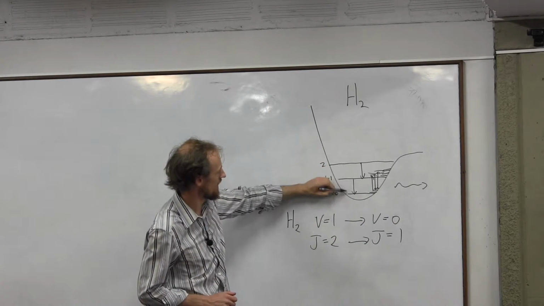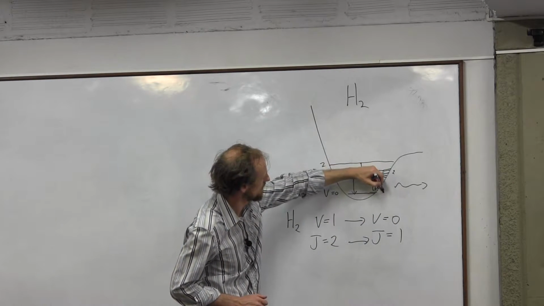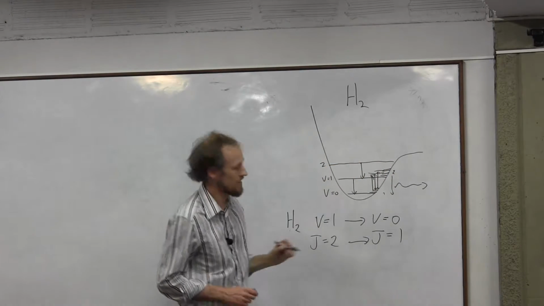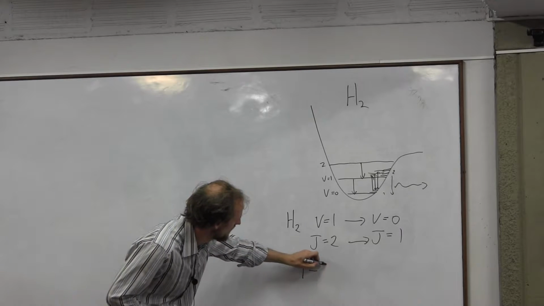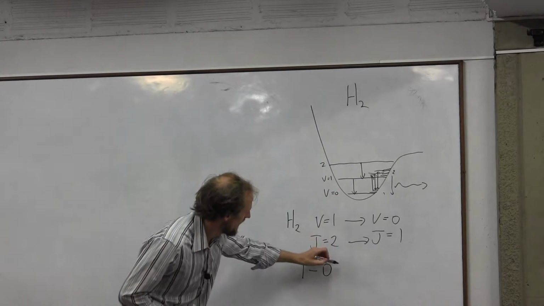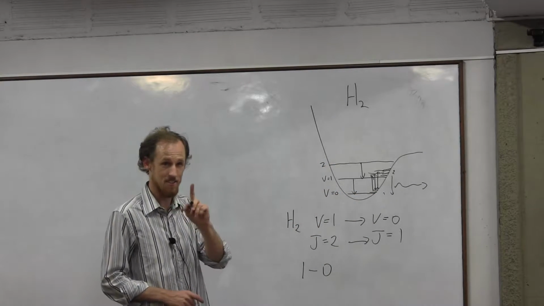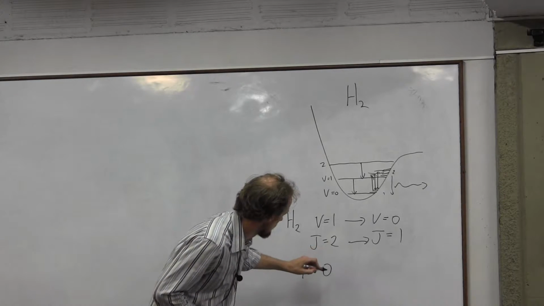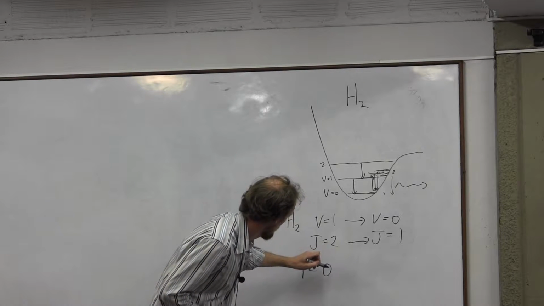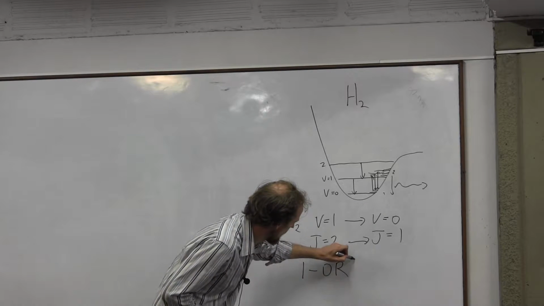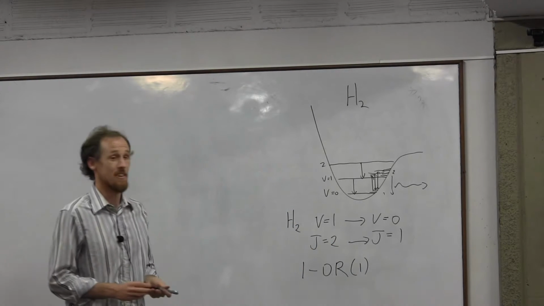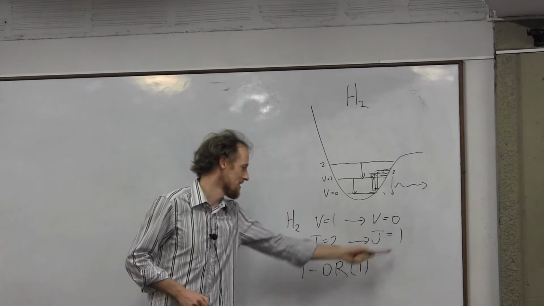So that's from here to here, from number 2 to number 1. That specifies that particular transition. So then we give that the label 1 to 0, meaning V from 1 to 0, and then another symbol. In this case, it's going to be R1.